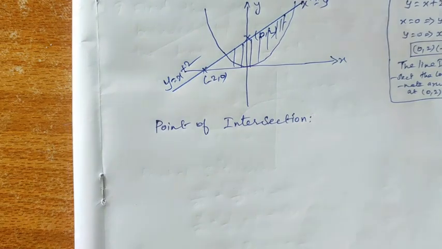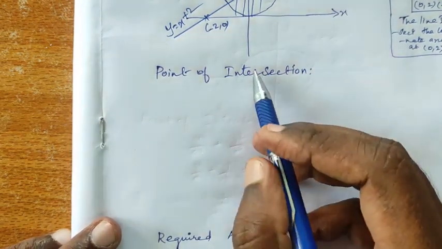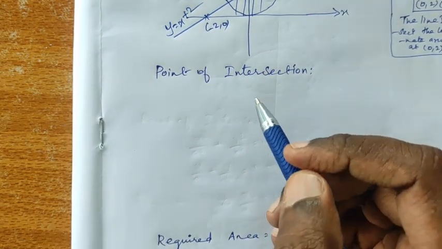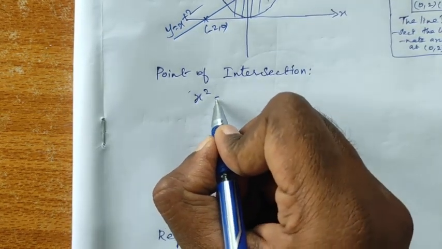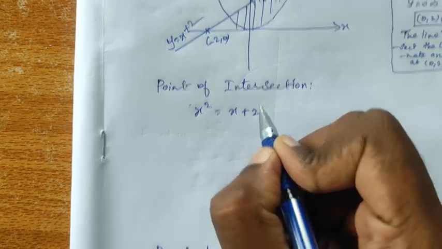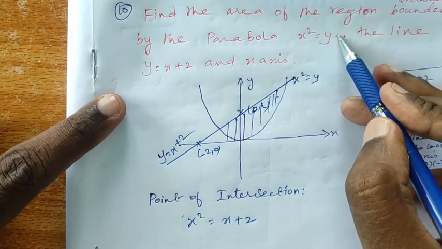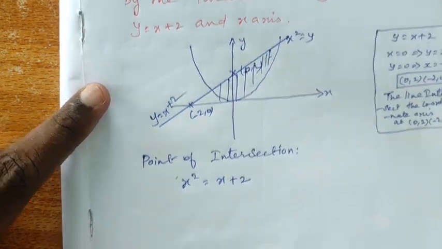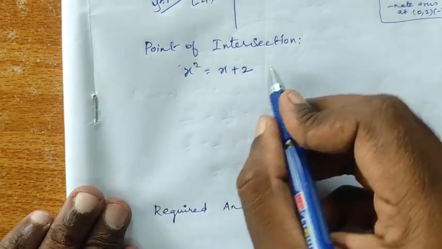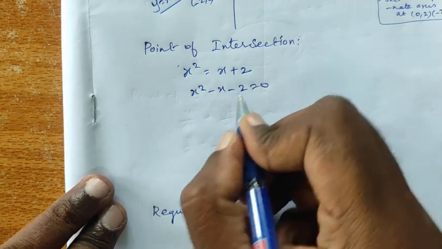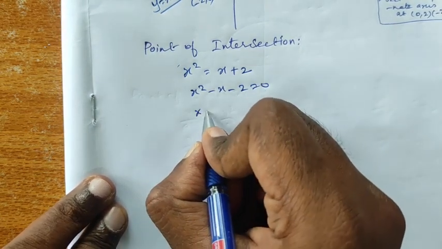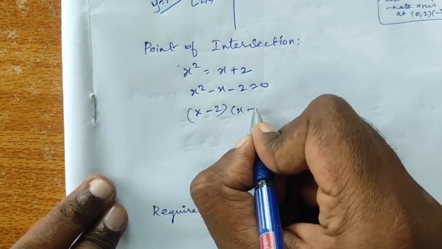Before that, it's our duty to find the points of intersection. Okay, so listen here. x square is equal to x plus 2, because x square is equal to y and y is equal to x plus 2. Therefore, x square is equal to x plus 2. So x square minus x minus 2 is equal to 0. So x minus 2 into x plus 1 is equal to 0.